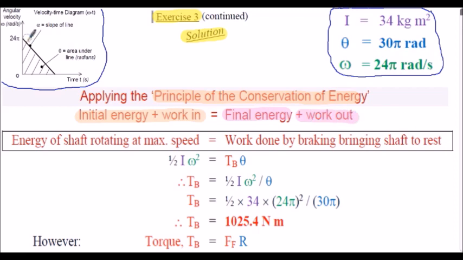We know the shaft and the drum have an initial angular velocity of 24 pi radians per second. On the left hand side we'll have initial kinetic energy, but that's the only term on the left hand side. There's no work into the system here. And we know finally the shaft is brought to rest by the braking torque, so there's no angular kinetic energy term on the right hand side of the equation, but we do have work done by the braking torque, so TB theta on the right hand side.